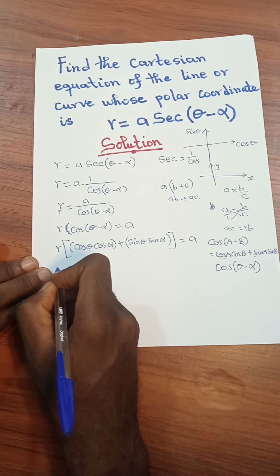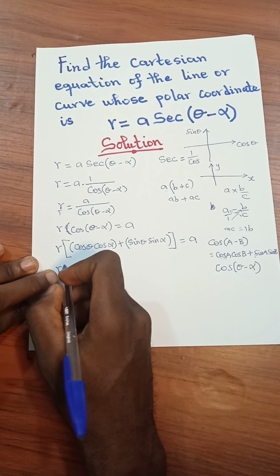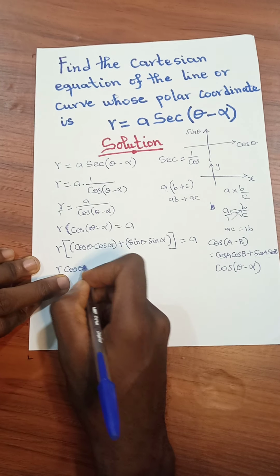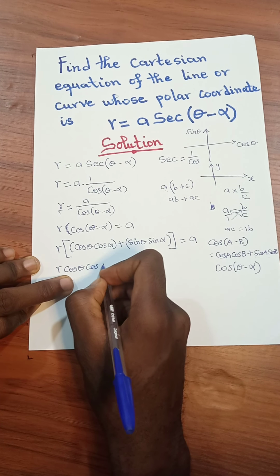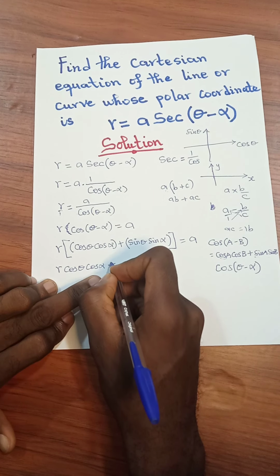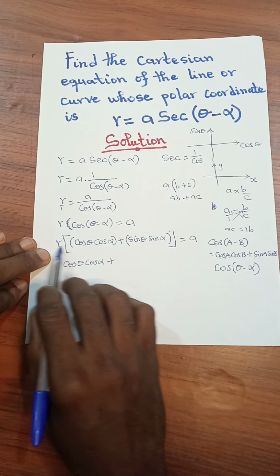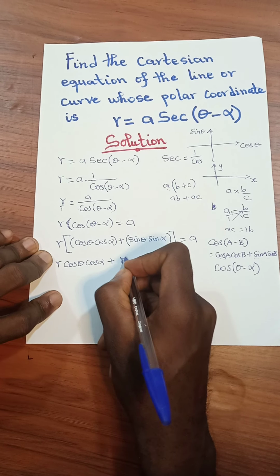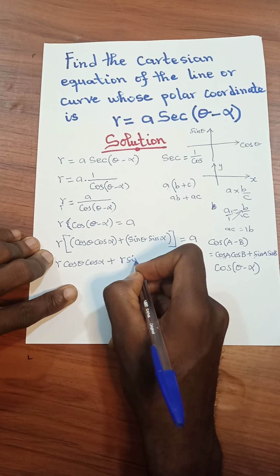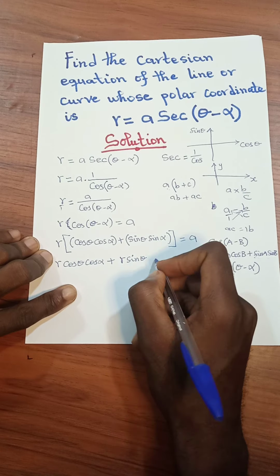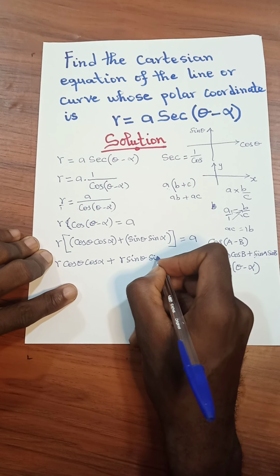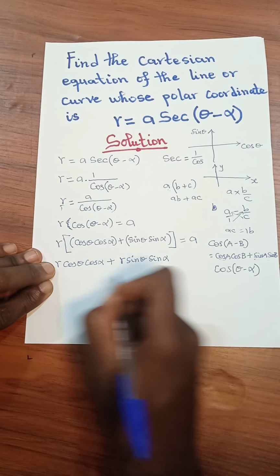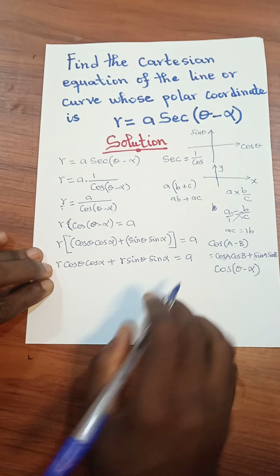So this is equal to r cos theta cos alpha, plus the r will multiply this to get r sine theta sine alpha, and this whole thing is equal to a.